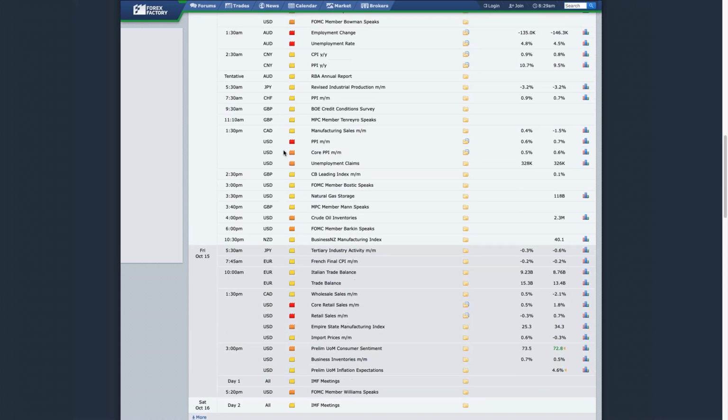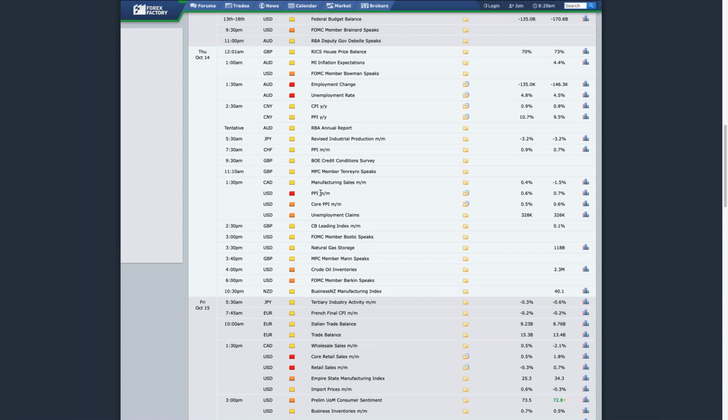PPI data will be looked at for the US. That is the producer price index. Basically, that tells us what prices producers are paying. Expect that to be rising because of inflation. And if that is rising and inflation is getting higher, then look out for that impact. It's a nuanced impact because it could go either way.